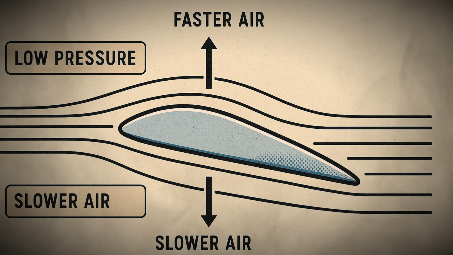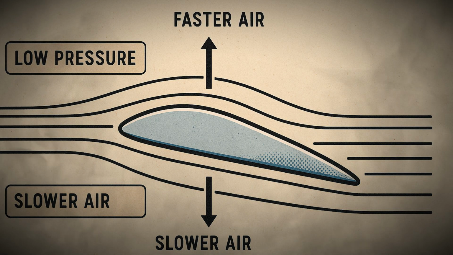The wings generate lift and house critical control surfaces. The fuselage carries people, cargo, and systems while maintaining aerodynamic shape, and the tail ensures stability and control.